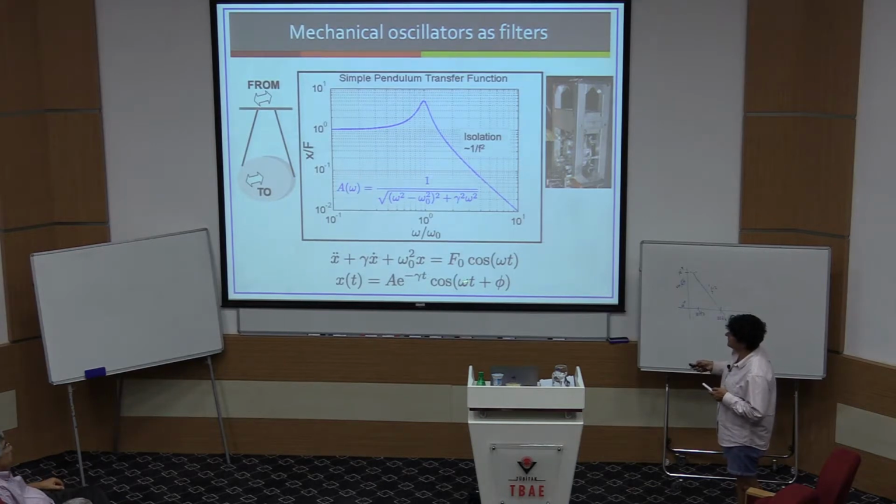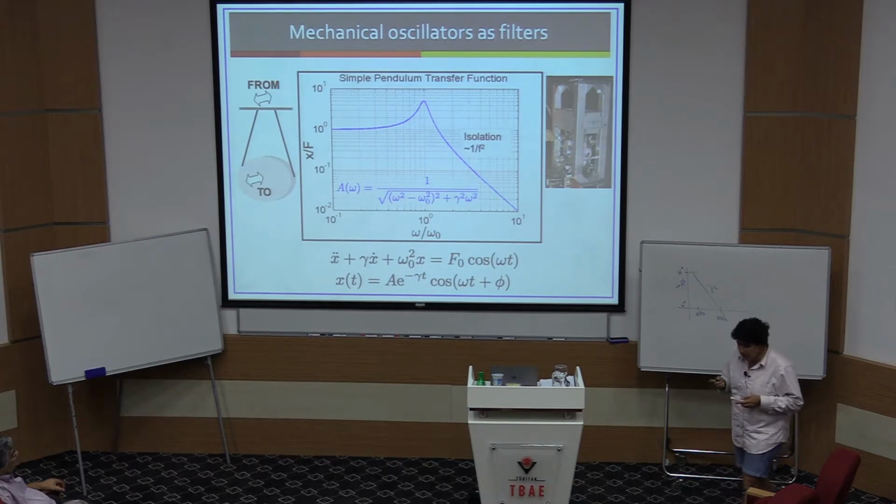And when you plug this solution in, you do the algebra, you can make an estimate of the amplitude, in this case, simply the amplitude x, the motion of this oscillator. And notice that it has this Lorentzian form right here. It basically tells you that when the frequency is equal to the resonant frequency, this term vanishes and you're dominated just by the damping term. That's this resonance here.